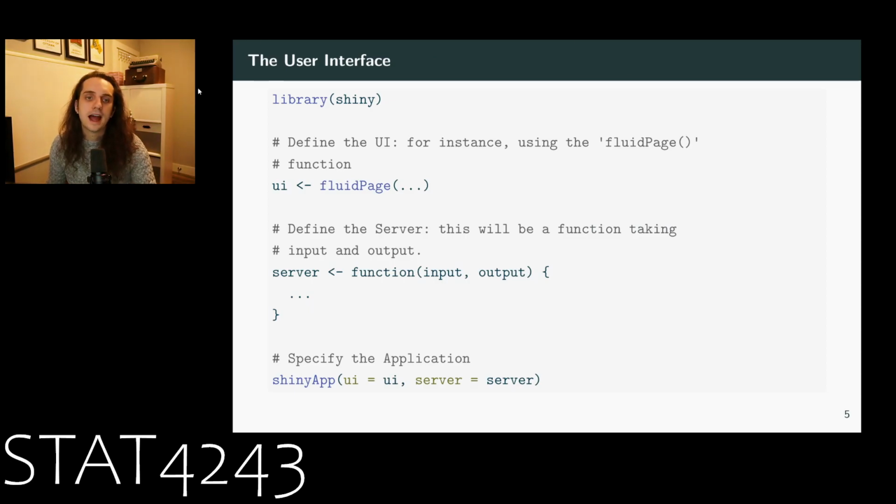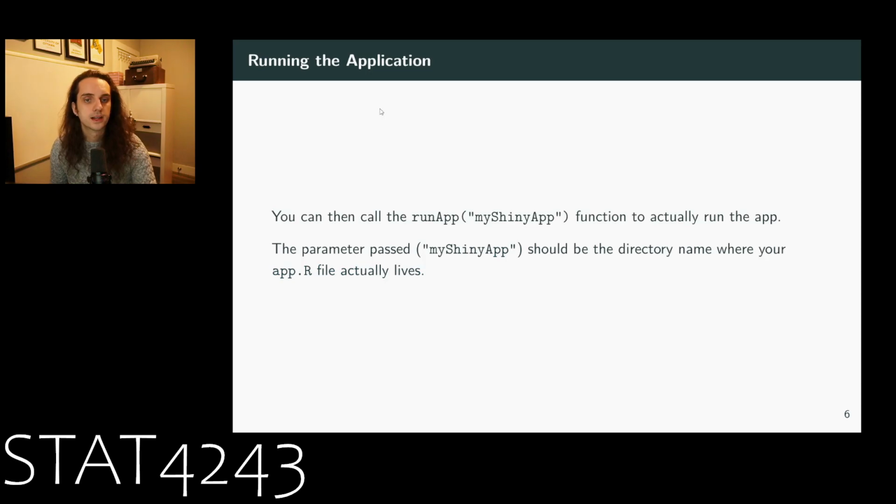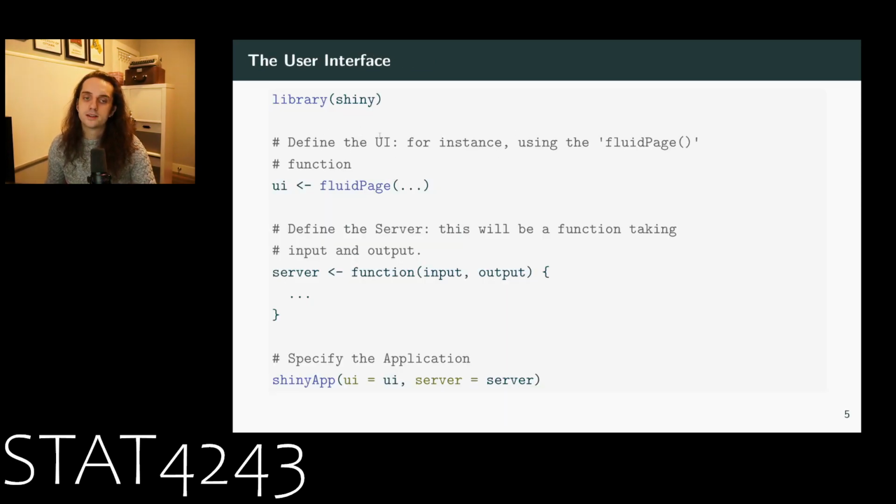So as an R script, right, we'll load in our library here. So we're loading in Shiny. Then we want to define our UI, right? For instance, we might use it with a fluidPage call. We'll talk a little bit more about what that is, but we'll define some R object here. It's called ui, and it's the result of some call to a function, right? And then we define the server function, right? So it'll be the server.